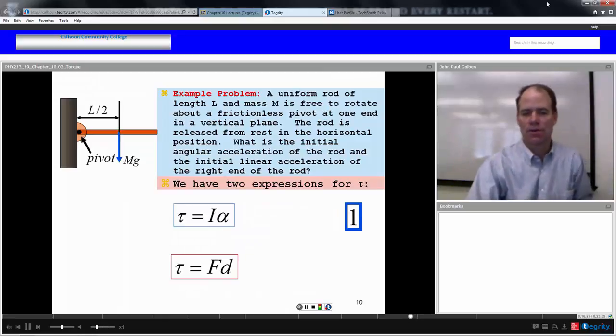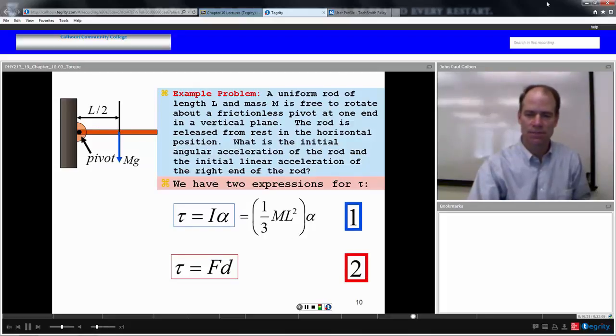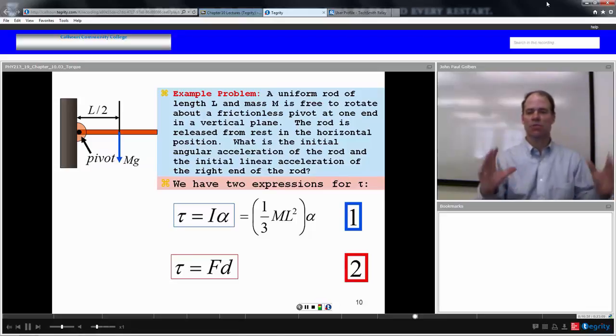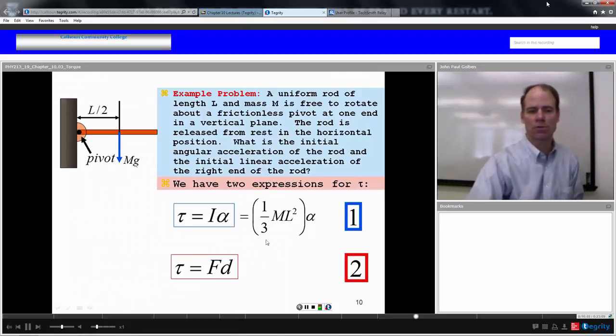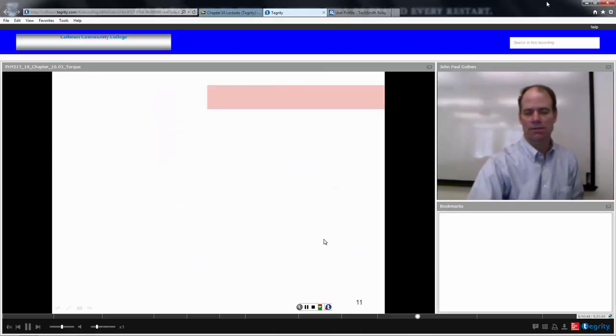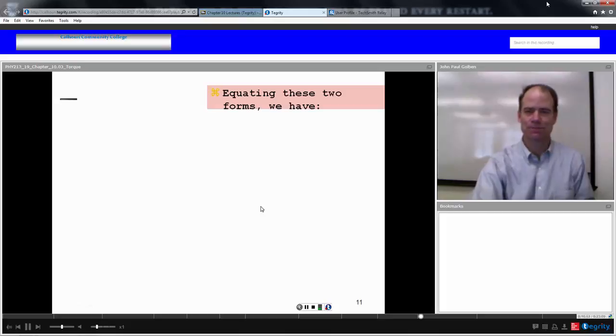So, the moment of inertia of a thin rod about its end is 1/3 mL squared. And multiply that by alpha, that's one torque. And the force we're dealing with is mg, and its moment arm is L divided by 2.